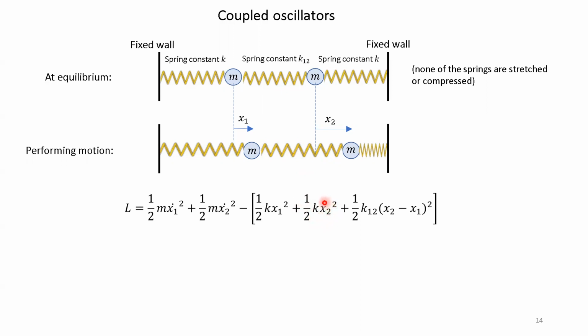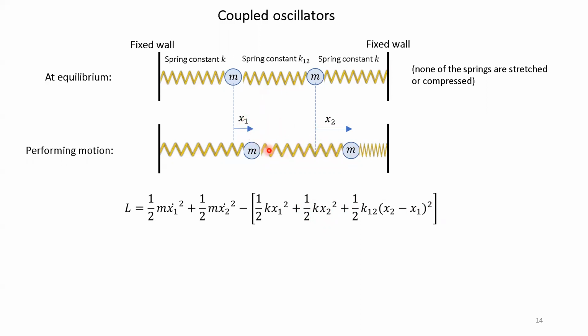So finally, the potential energy of the spring in the middle. In this particular picture, you can see that this spring is stretched a little bit because this x2 is greater than x1.